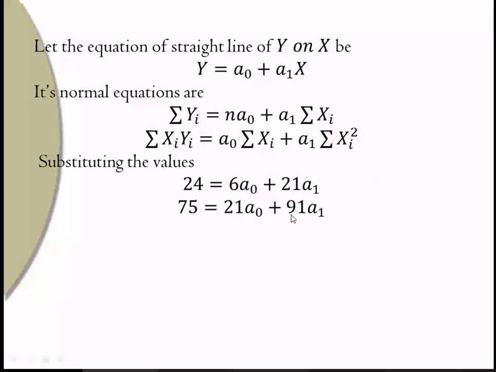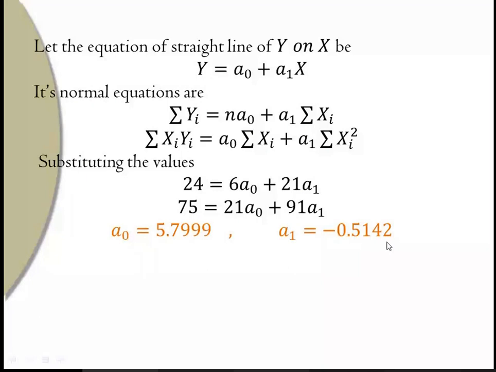Now we get two equations in two unknowns. Solve these two equations simultaneously. So if we solve it on a calculator, two linear equations in two unknowns, we get these values. A0 is 5.7999, a1 is minus 0.5142.